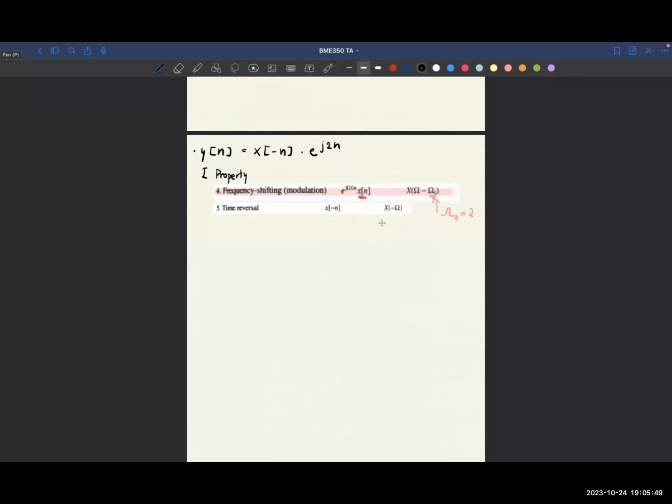If we put all of our properties together, we will still have X omega minus omega naught. Can you still hear me, everyone?